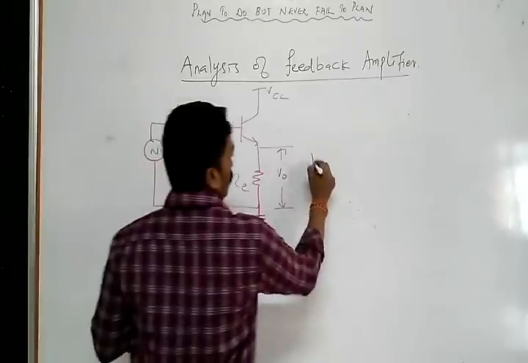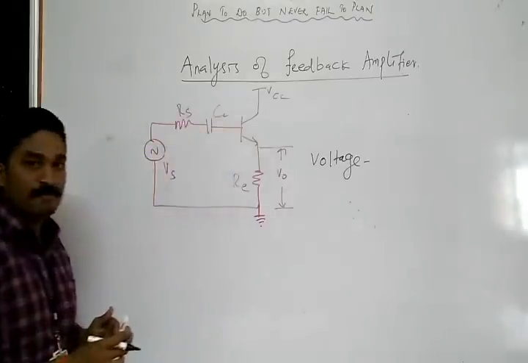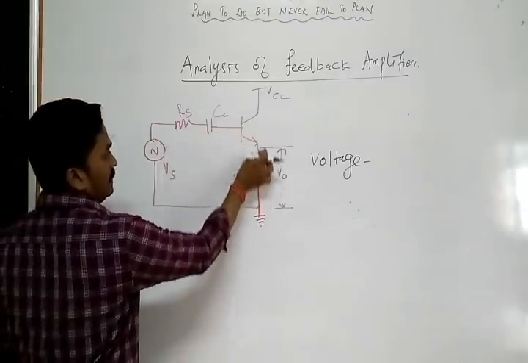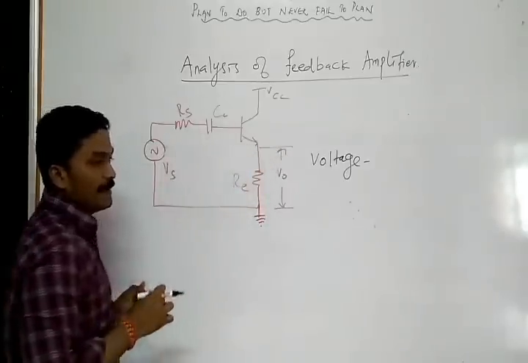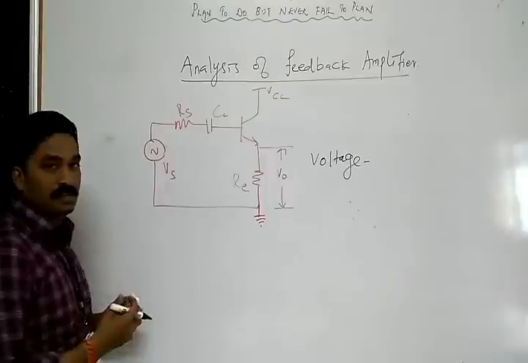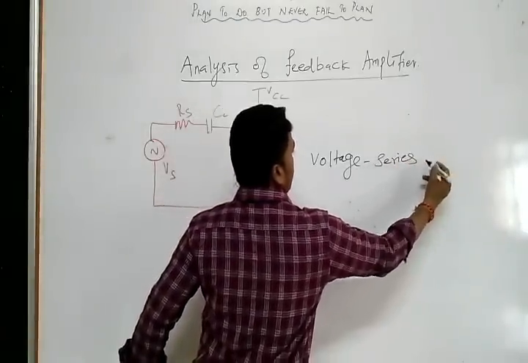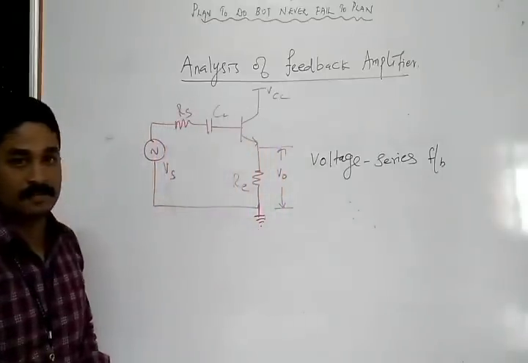It is called voltage sampling. And for the type of mixing, the source is at the base terminal and the resistance is at the emitter terminal, both at different terminals. It is called series mixing. So this feedback amplifier is a voltage series feedback amplifier.